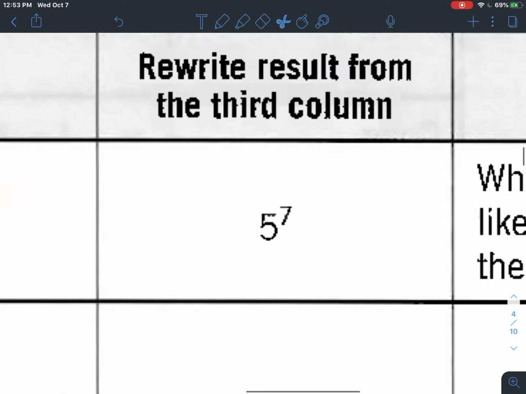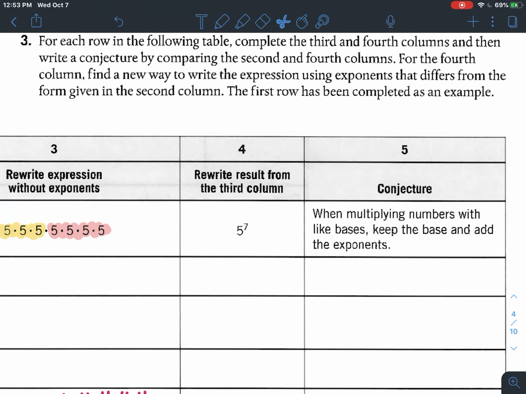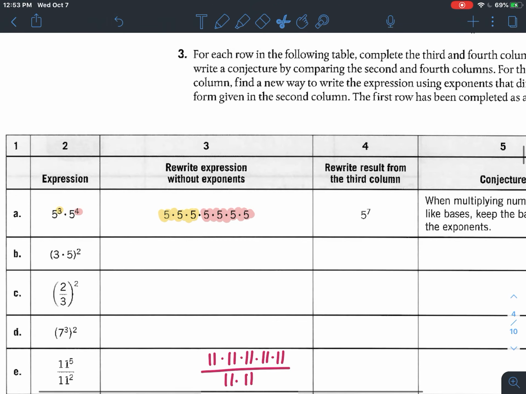I have 7. So 5 to the 7th power. And then the conjecture is that when you multiply numbers with the same base, keep the base the same and add the exponents. So all I really did to get from the second column to the fourth column was add 3 plus 4, 7.